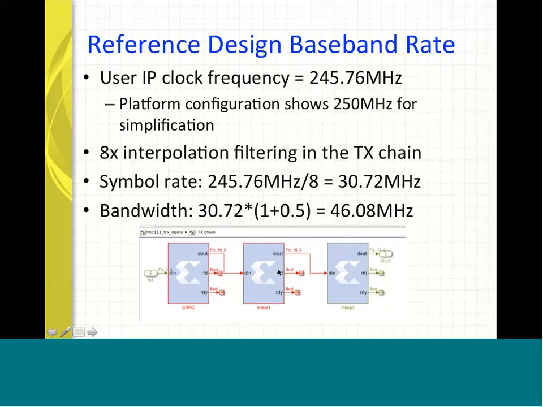In these 3 stages of filters, the first stage, a square root raised cosine filter, has a roll-off factor of 0.5. So we can calculate the bandwidth of our TX signal spectrum using this formula: your symbol rate multiplied by 1 plus your roll-off factor, which is about 46 megahertz. That's how wide the RF signal spectrum will be.